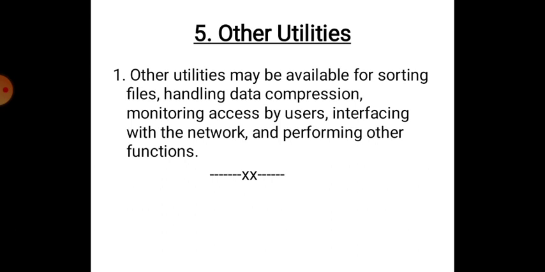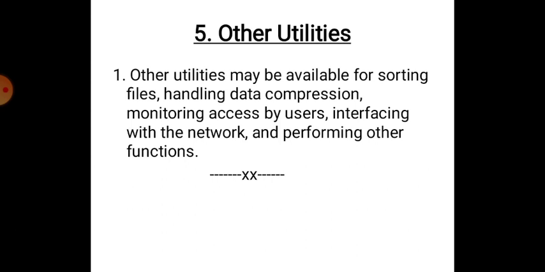Other utilities. Other utilities may be available for sorting the files, handling data compression, monitoring access by users, interfacing with the network, and performing other functions. Students, apart from the 4 utility functions, we have to carry out many other functions which fall in the category of sorting the files, handling data compression.